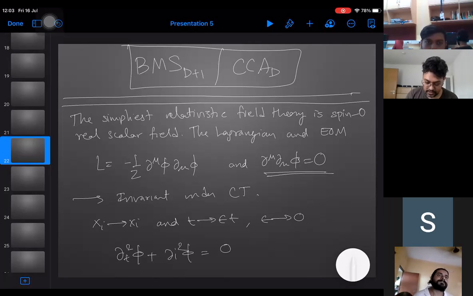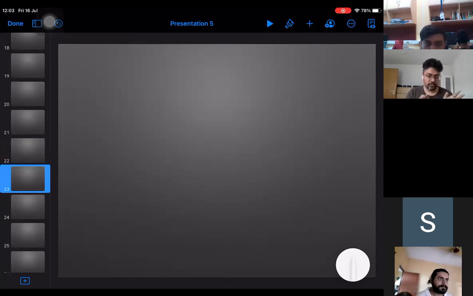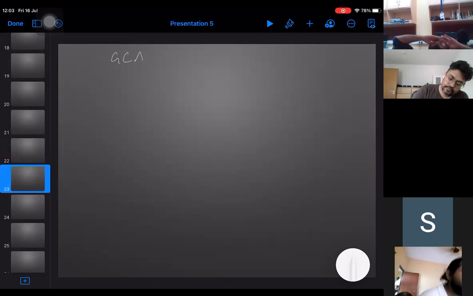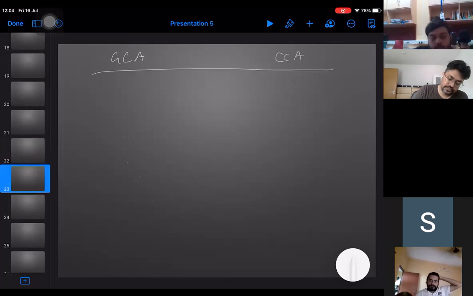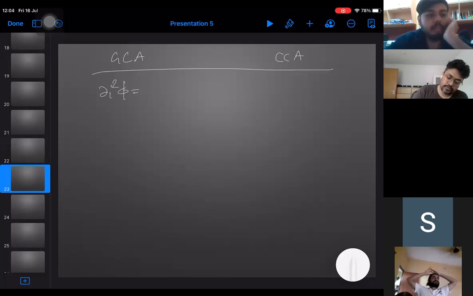So it becomes like this, which implies that you only get the time part. This is in total contrast with the GCA, because in the GCA the equation of motion which you get is given by this, but in this limit you get this.